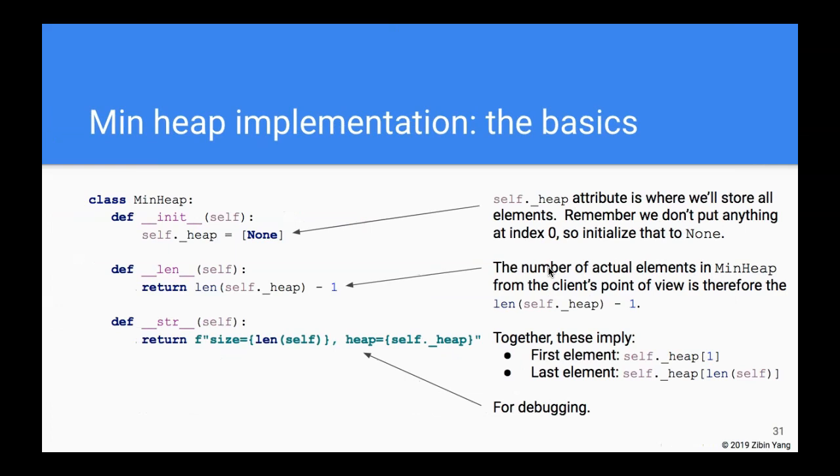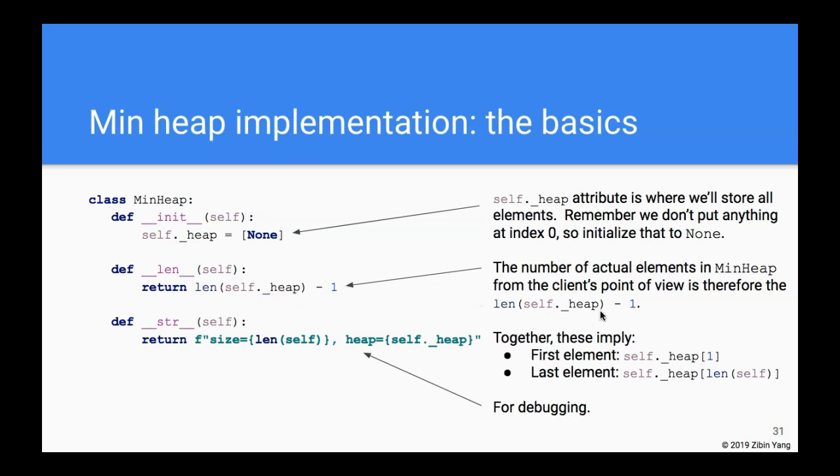There are some implications when we do it this way. The first element is going to be self._heap[1], not 0, again, not 0. And the last element will be self._heap[len(self)], which is basically the length of heap minus 1.